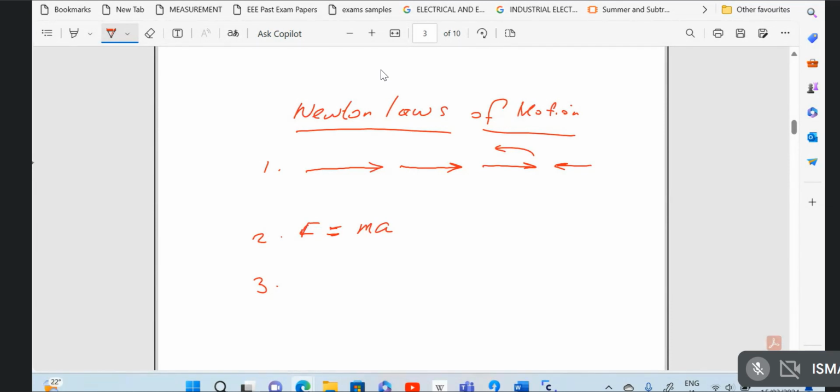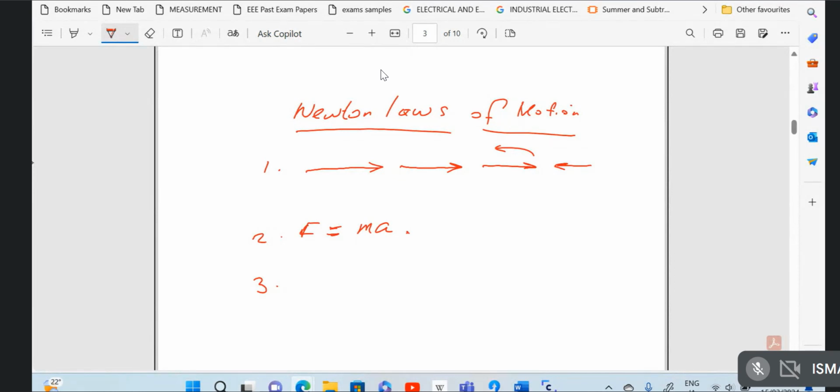The change of motion is proportional to the motive force impressed and is made in the direction of the line in which that force is applied, or force is equal to the product of mass and acceleration. The second law gives us that product.